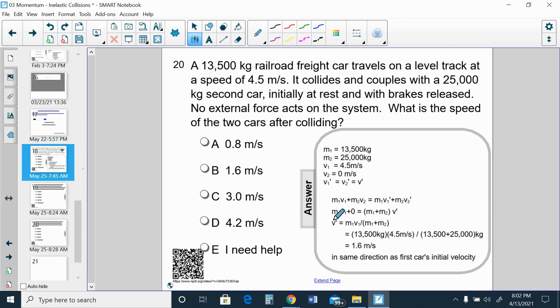So you divide by m1 plus m2 on both sides. Plug in the numbers, and that gives you 1.6 meters per second, in the same direction as the first car's initial velocity, since this is a positive number. If it was a negative number, it would indicate that it would be moving in the opposite of the initial direction.